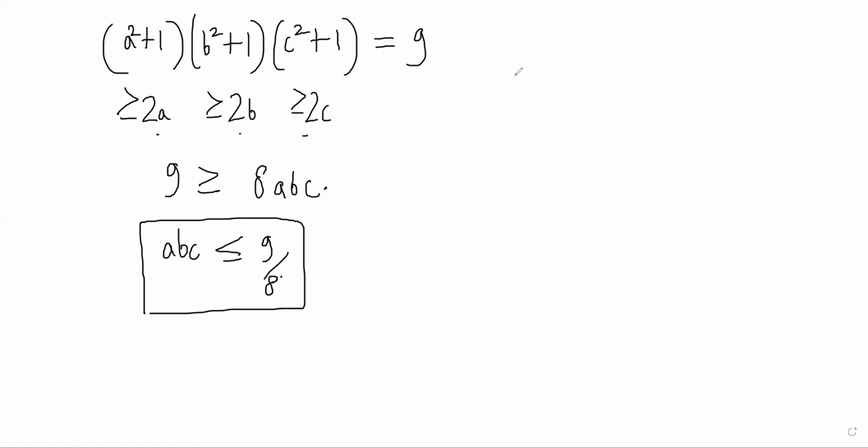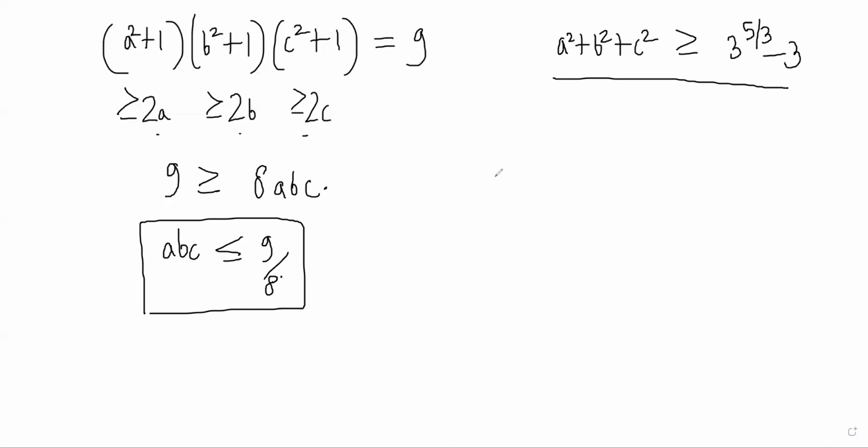We have also gotten a square plus b square plus c square is greater than or equal to 3 power 5 by 3 minus 3. We have to find out ab plus bc plus ca.